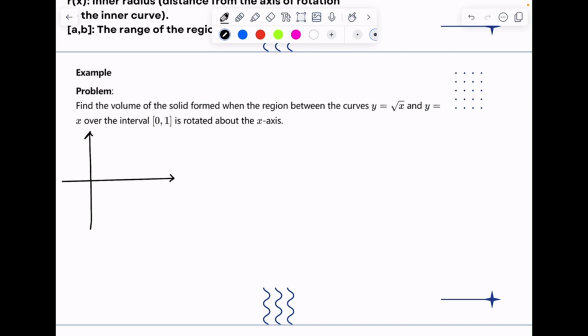The first curve is root of x. It looks like this. And we know that when x equals 1, y equals 1. And it is the same as for y equals x, the second curve.